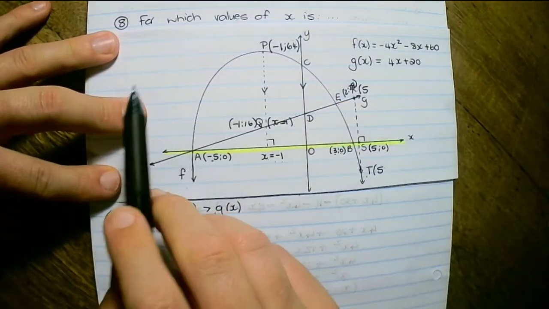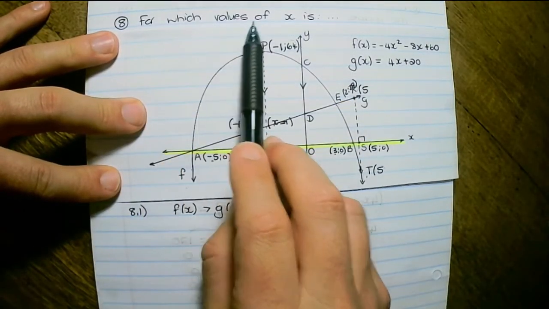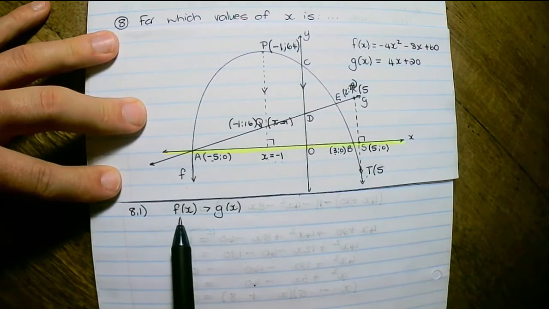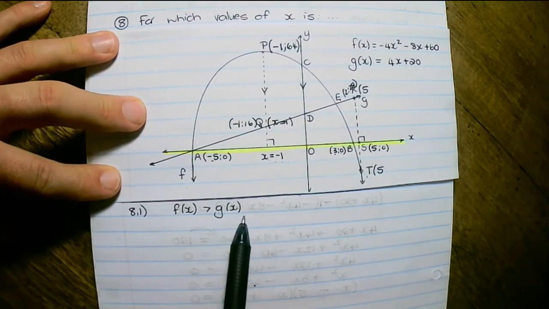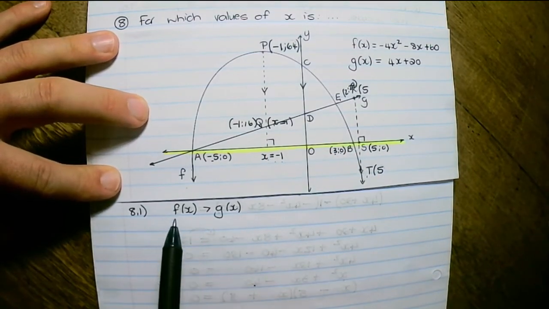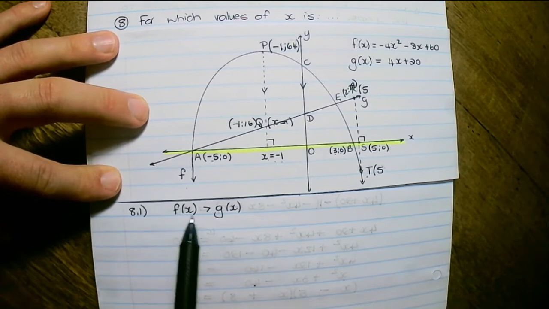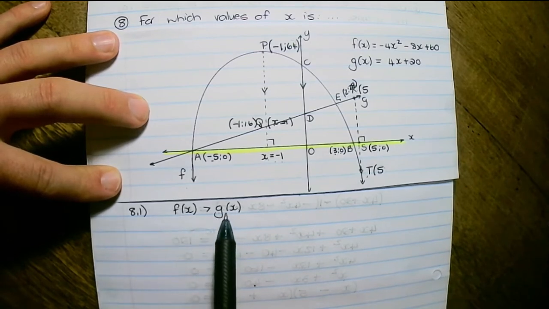And then our last question is, for which values of x is f(x) bigger than g(x)? Now what this means is, if f(x) is bigger than g(x), then the y values of the parabola are higher than the y values of the straight line.